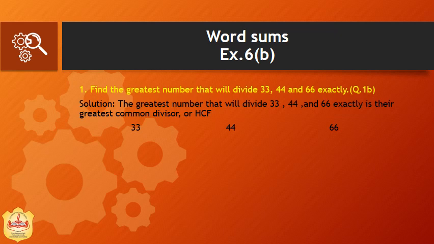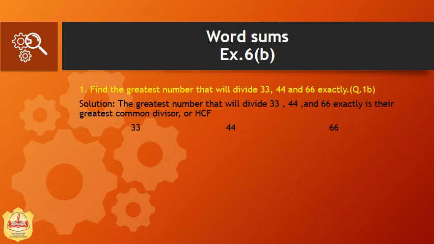Now children, you know, in the prime factorization method, we will first see which is the smallest number which can divide 33 completely, fully or exactly. So that number will be 3, because it cannot be divided by 2 as 33 is an odd number. So we will divide 33 by 3.